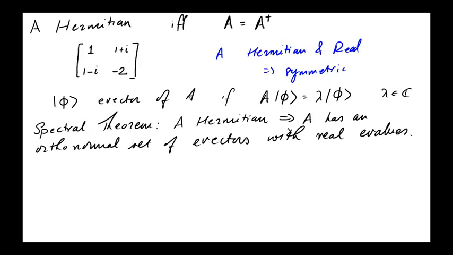Okay, so let's call these eigenvectors phi sub 0 through phi sub k minus 1, and the corresponding eigenvalues, let's call them lambda naught through lambda k minus 1.